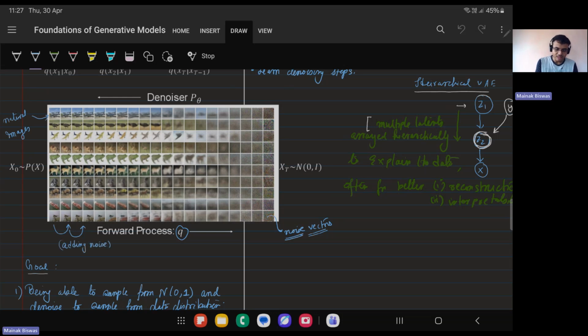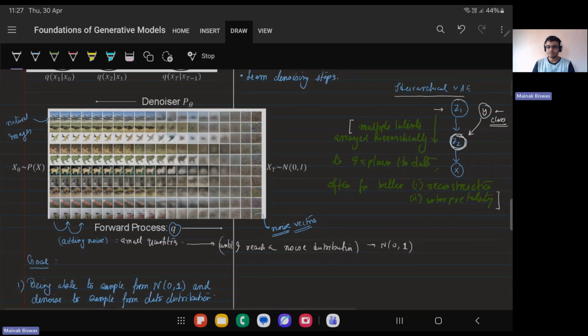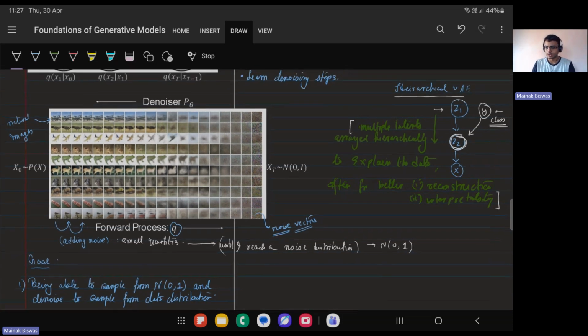And I add noise in small quantities, until I reach a noise distribution. A noise distribution is a normal 0-1 distribution, which is very easy to sample from. We all know how to sample from it. We have libraries that call the normal 0-1 distribution and so on.